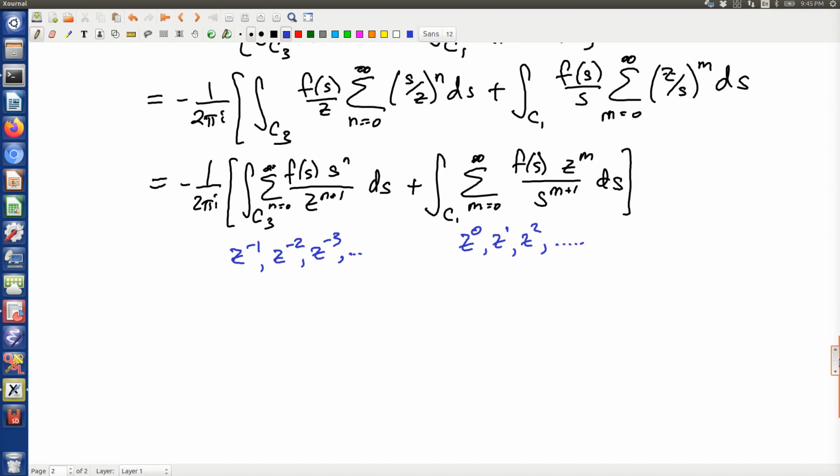That's not a bad observation there. Now I still have these integrals floating around, but that's fine. If I formally, for the moment, pull out this sum and run this as n equals 0 to infinity, let me copy here.